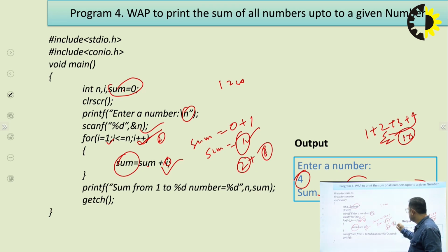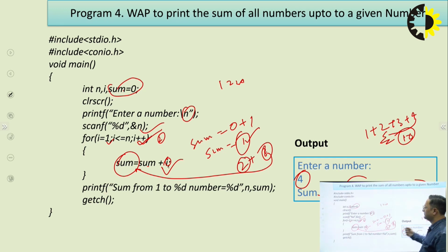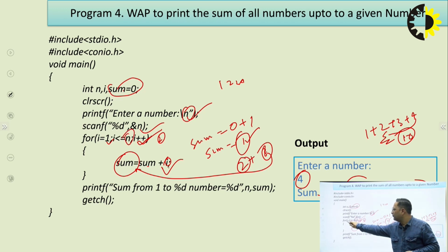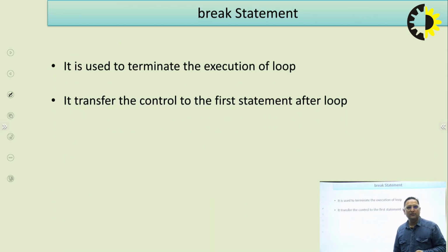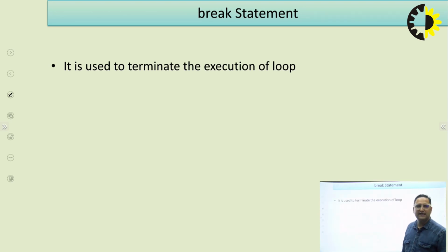Now 3 is stored into sum, and this is how it continues till it is calculating up to the number the user has input, say 4, 5, 6. So it will execute as long as the loop variable is less than or equal to that number.